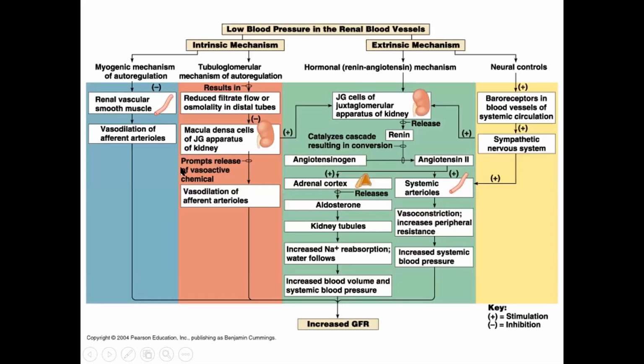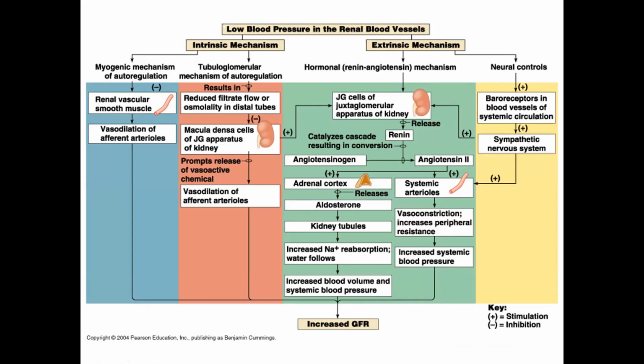Intrinsic regulation also has something called myogenic responses. This is autoregulation as well. Myogenic response is a property of smooth muscle cells.